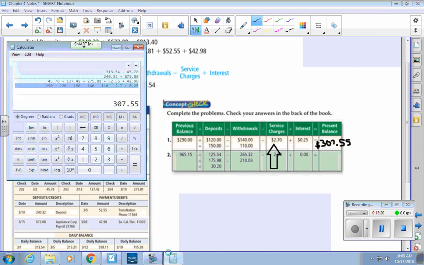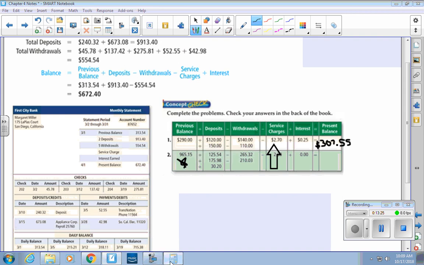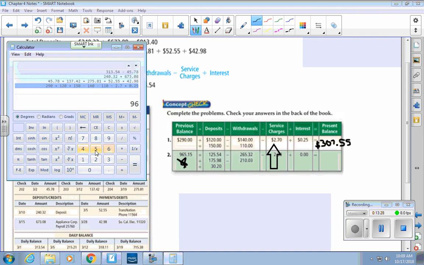Okay, we're going to do that one more time, just one more demonstration of this. So we're going to start with $965.15. That's our previous balance. We're going to add all of our deposits together: 125.54 plus 175.98 plus $30.20. Then we're going to minus out all of our withdrawals. That's a minus $265.32, and that's a minus $210.03.